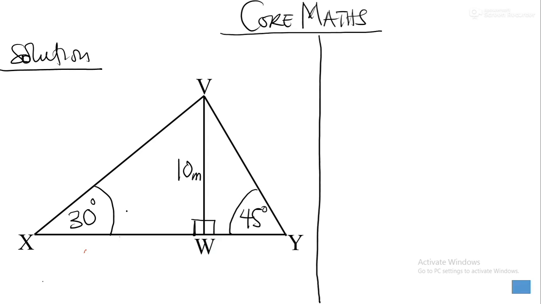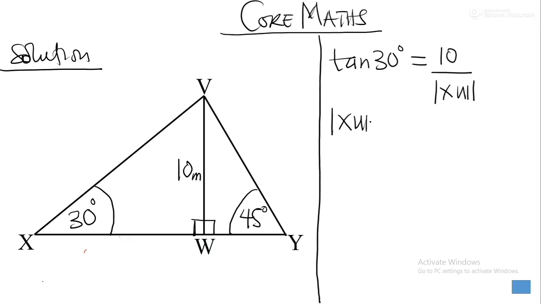So tan 30 degrees will be equal to opposite, which is our 10, divided by the adjacent, which is XW. So here we have to make XW the subject. Making XW the subject, we are going to get XW equal to 10 over tan 30 degrees.